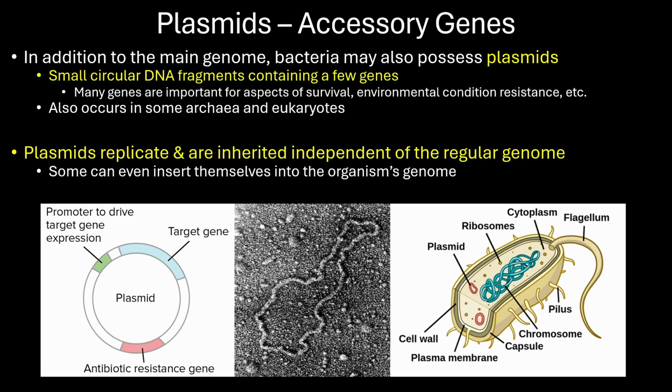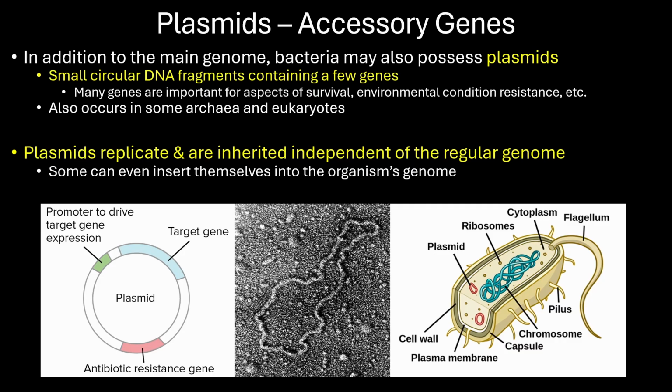This is also where we tend to see a lot of antibiotic resistance genes. This is something that occurs in high frequency in bacteria, but it's also something that we see in some archaea and also some eukaryotes. There are some fungi, for example, that have plasmids. And these plasmids can replicate and are inherited independent of the regular genome.